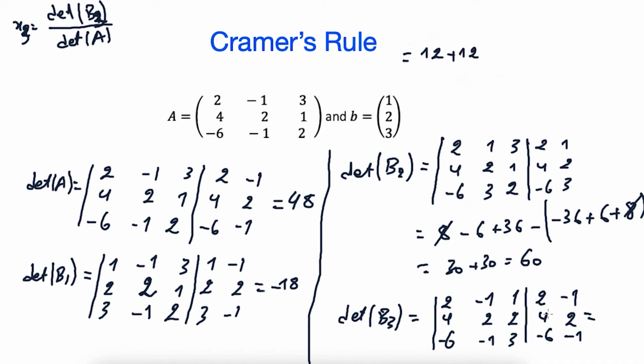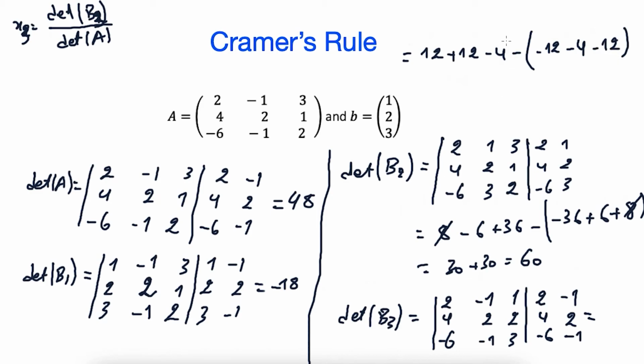and here 1 times 4 times minus 1, so minus 4, and this minus, these ones here are minus 2 times minus 6 times... 12, and here 2 times 2 times minus 1 is minus 4, and here minus 1 times 4 times 3 is minus 12.